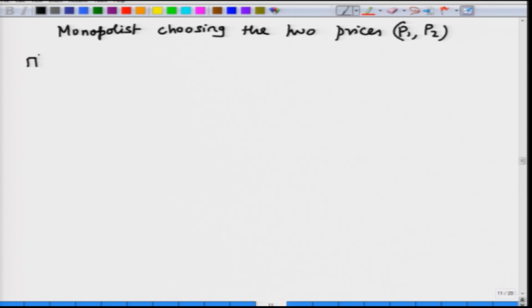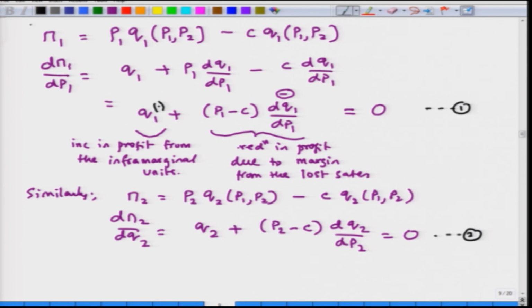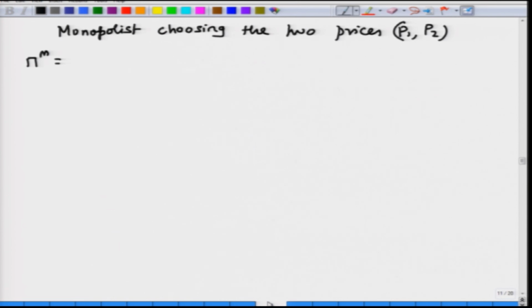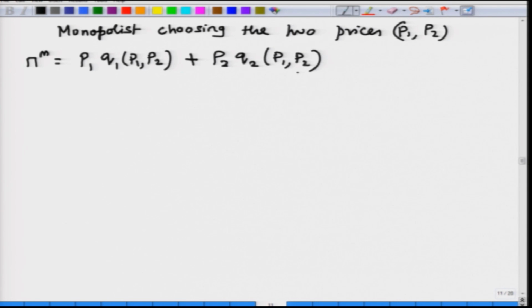So, instead of writing down two profit functions, one for firm 1 and one for firm 2 separately, we would write down the monopolist's profit function as P1 times Q1 of P1, P2, plus the revenue from the sale of product 2, which is P2 times Q2 of P1, P2, minus C of Q1 of P1, P2, minus C of Q2 of P1, P2, right.